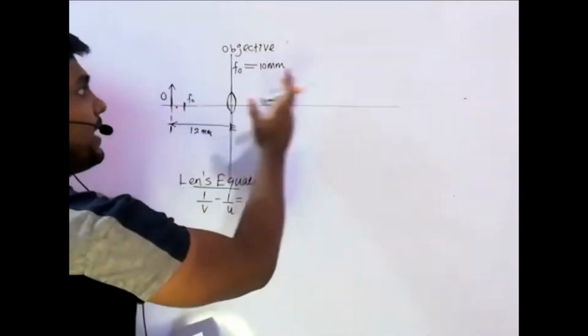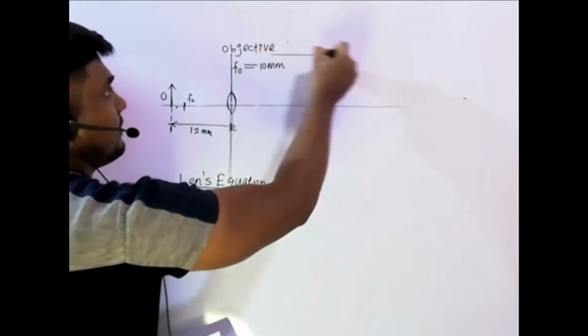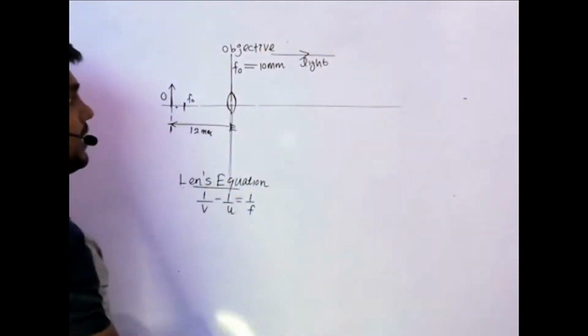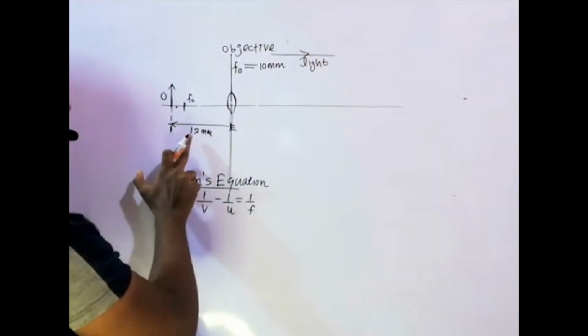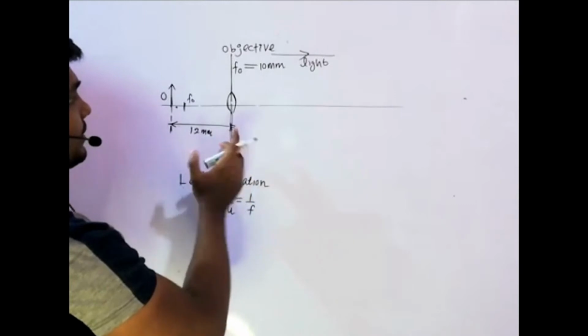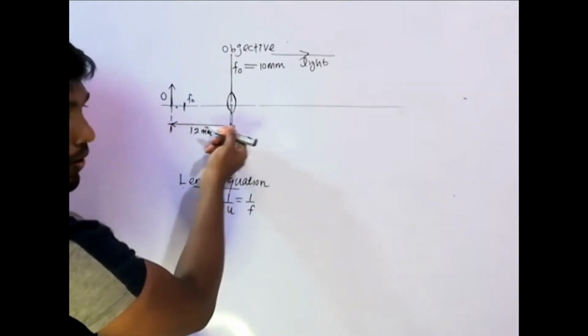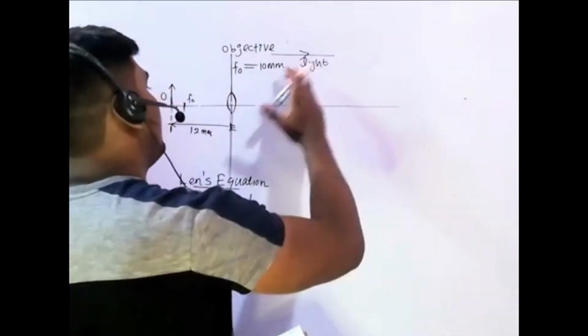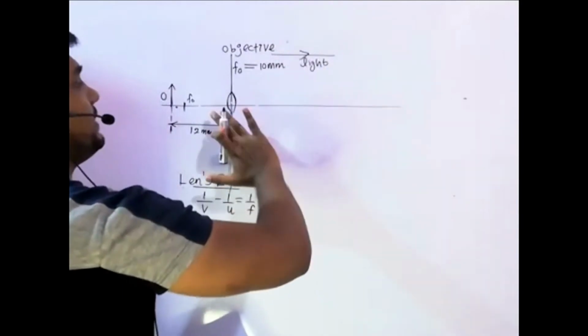Now object distance. Here is our object. The light ray passes to the right. But you start measuring your object distance from the lens to the object. That means your object distance direction is to the opposite side. Light ray is moving to the right. Therefore, both are opposite.